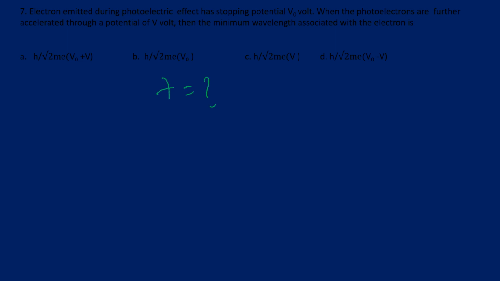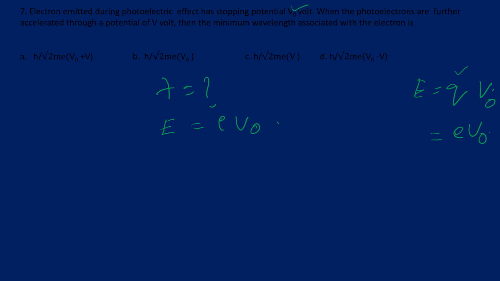We know the equation for energy is charge into potential. Here the initial potential is V0. Since the charge is that of an electron, we can write eV0. So energy is equal to eV0.